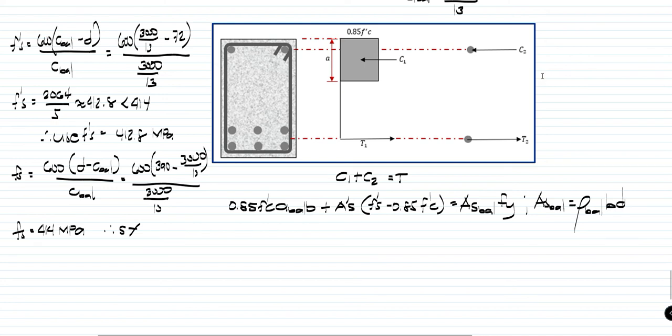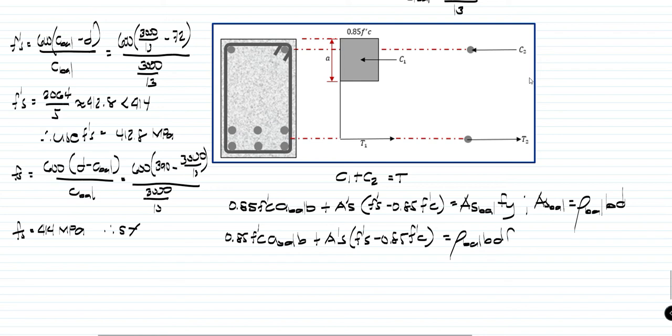So, substituting the values we have here, 0.85 f'c a balance b plus A's times f's minus 0.85 of our f'c is equal to rho balance bd Fy.